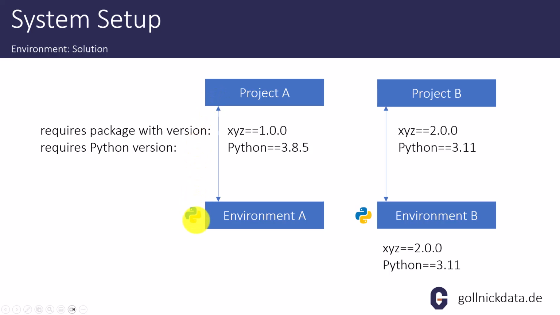And here environments come into play. Basically, for all the projects that you have, you create a dedicated environment, which is a combination of a specific Python version and a number of different packages. Based on that system, you are now capable of running project A on your system as well as project B. So there's no problem anymore. The only downside of this approach is that you need more disk space because you have duplicated environments.